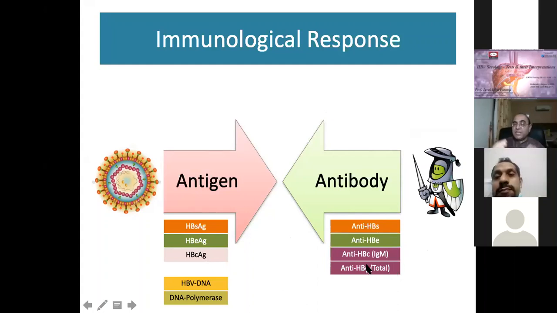So this is the interaction between these antigens and antibodies, which determines how long the infection will be there in the body, and what its outcome will be. If the antigens are cleared by these antibodies within 6 months, this is called acute hepatitis B and recovery. But if it takes longer or cannot clear within 6 months, the patient is said to be in the chronic phase, and then it has its own phases.